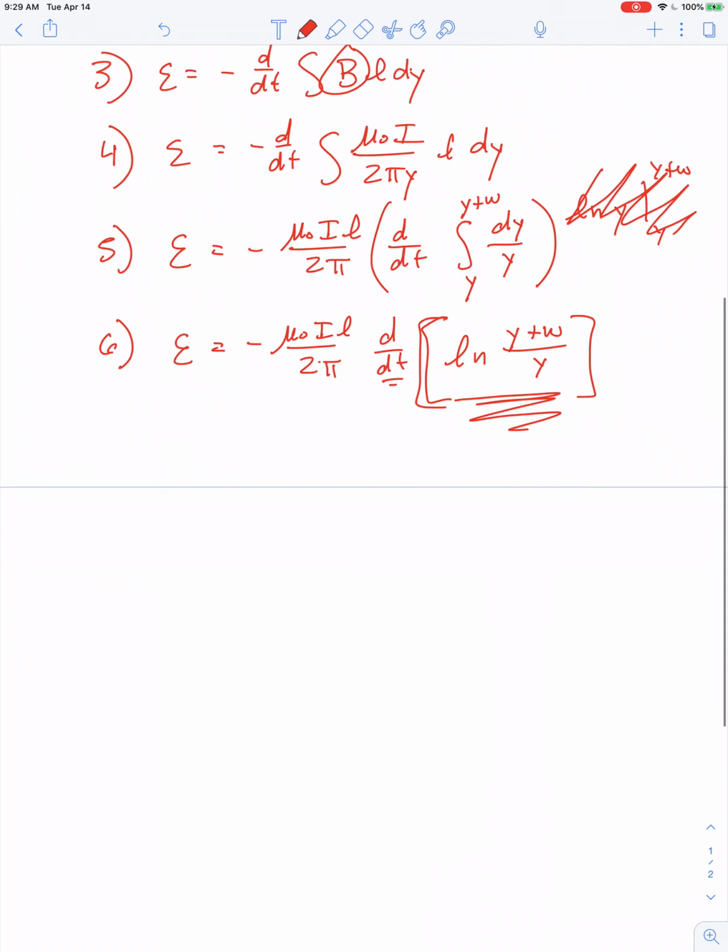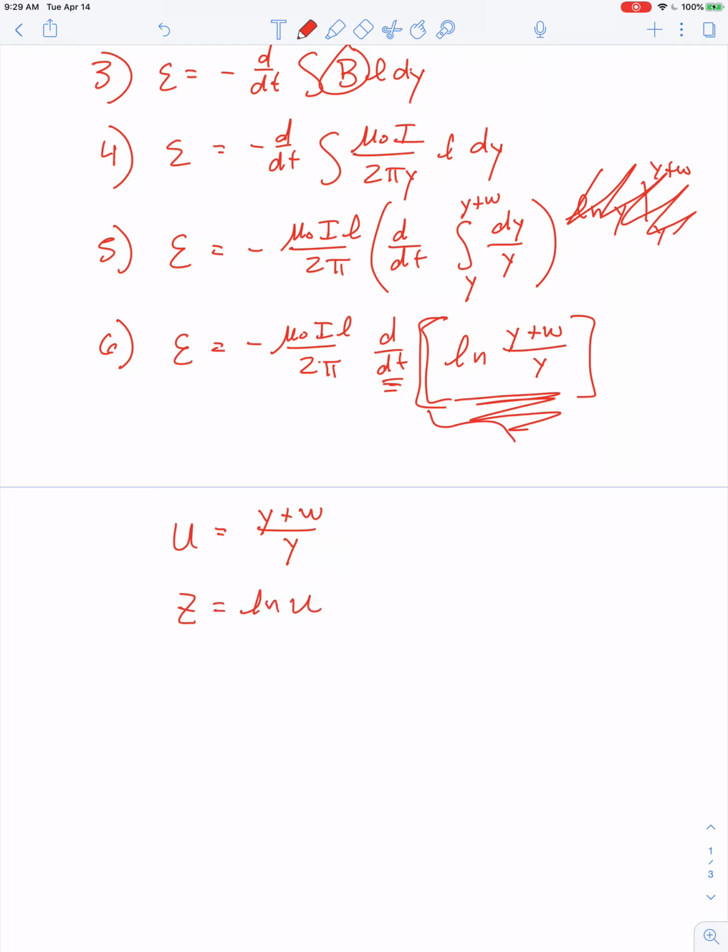So let's make a u substitution. Let u equal (y plus w) over y. And we're not just taking the derivative of that with respect to time. We've got another function, I'll call it z. We'll say z is the natural log of u.